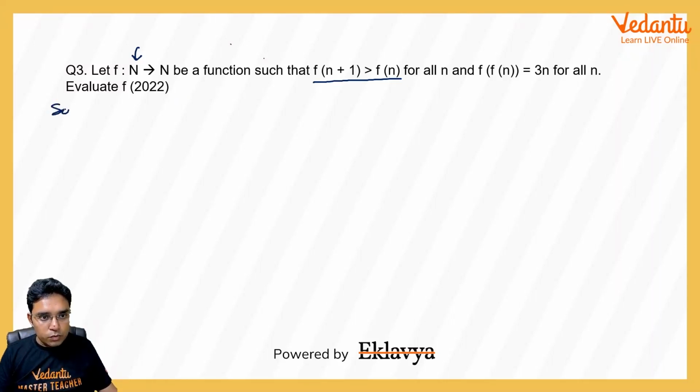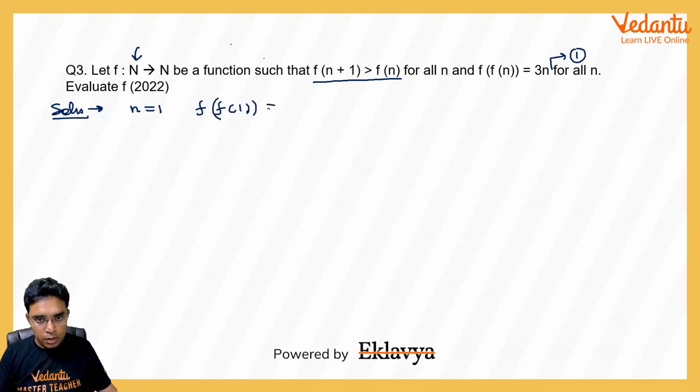To do this question, first I would like to find what my f1 will be. If I put n equal to 1 in this given equation, let me call this equation number 1, then I will get f of f1 is equal to 3. Now we can guess that f1 can be equal to 1 or 2 or maybe a higher value.